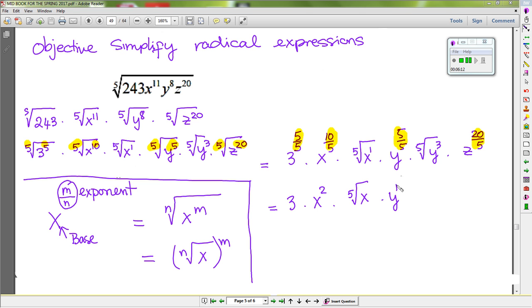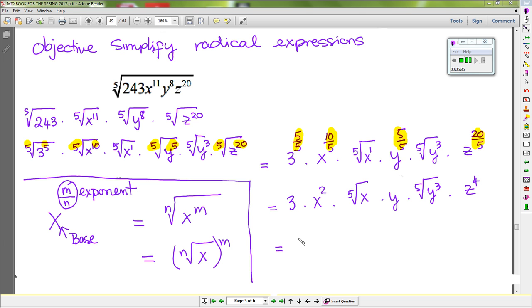Sometimes, if your exponent is 1, you really don't have to write it. And then the 5th root of y to the power of 3 and z, so 20 divided by 5 gives us 4.